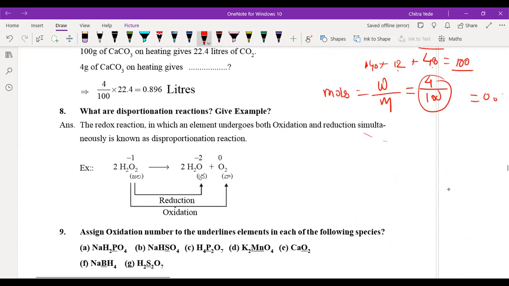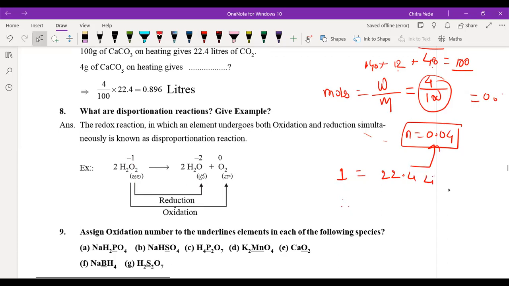So here we have n equals 0.04. And now we know that 1 mole of any gas at standard temperature and pressure occupies a volume of 22.4 liters. That means we have to multiply n by 22.4.